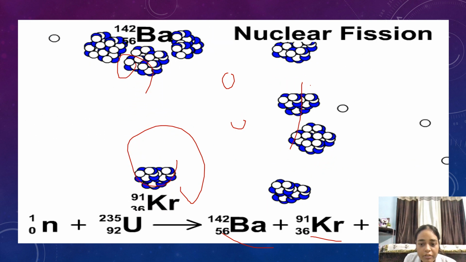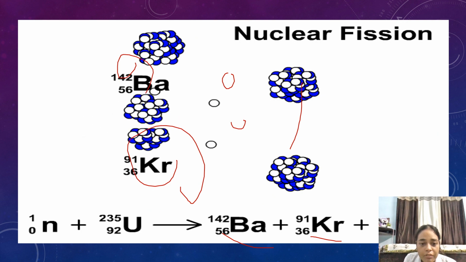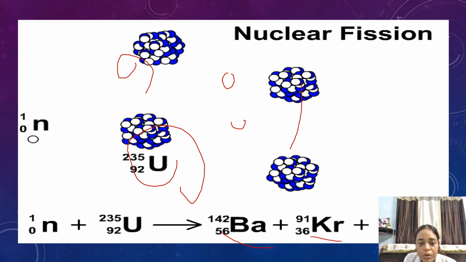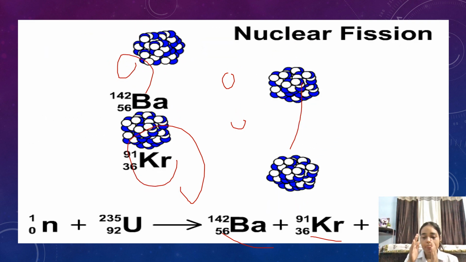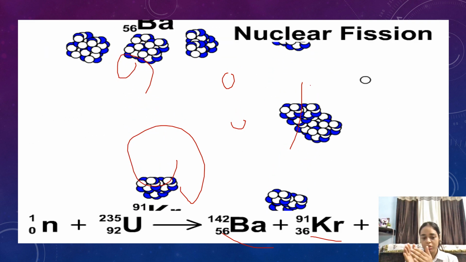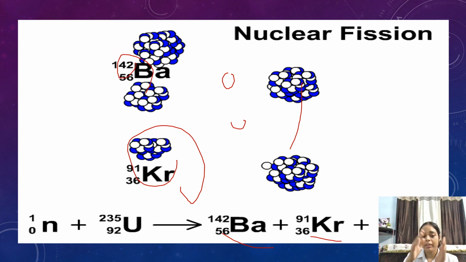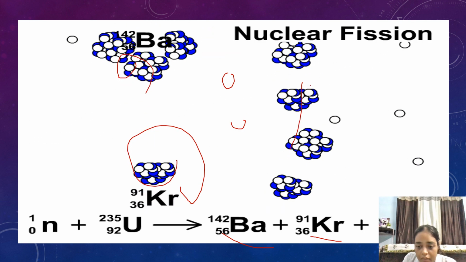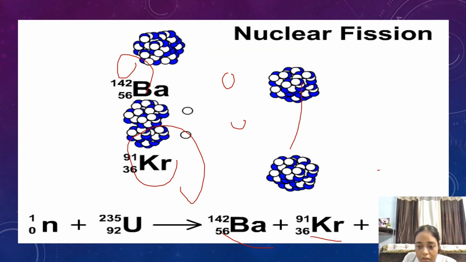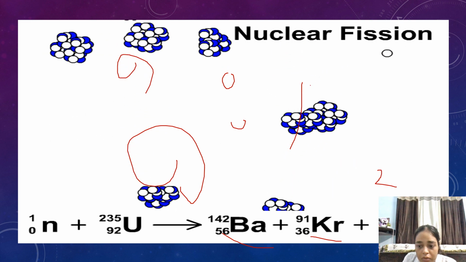These neutrons released here will further combine with uranium 235, and that leads to a chain reaction taking place here.